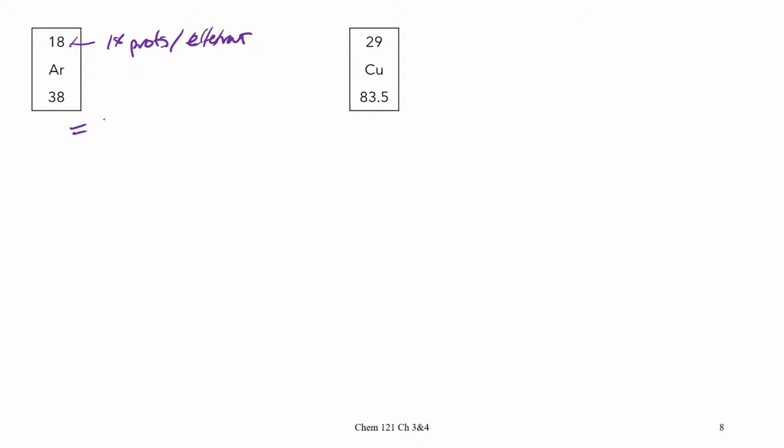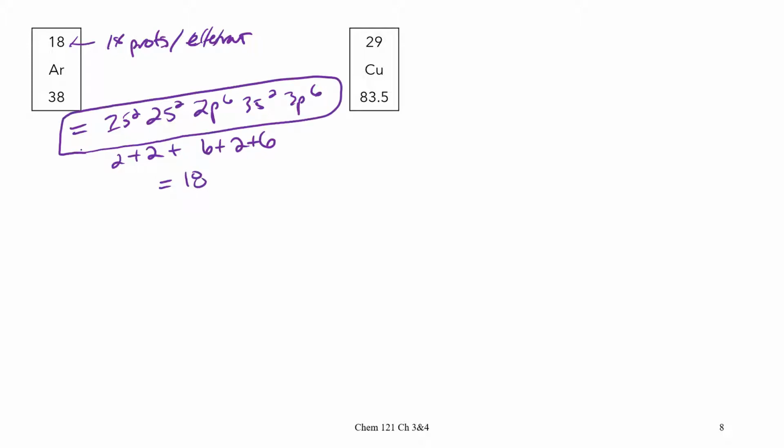So our electron configuration is 1s2, 2s2, 2p6, 3s2, 3p6. If we add our exponents together, 2, 2, 6, 2, 6, it will equal 18.